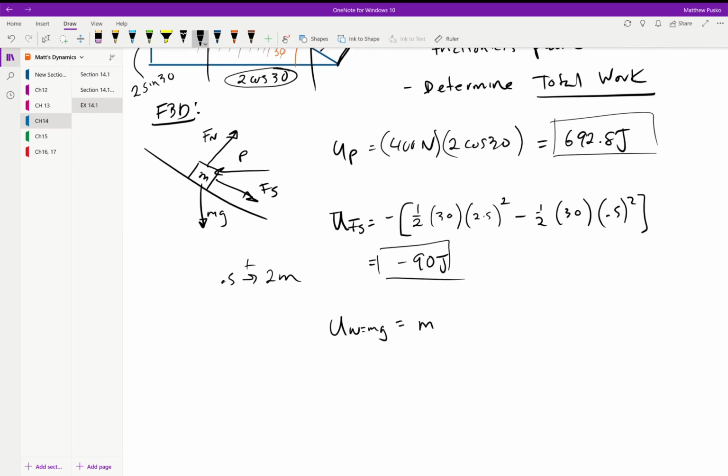So I get mass times gravity pointed down, and our displacement is 2 meters times the sine of 30 degrees, giving me a negative 98.1 joules. The weight acts in the opposite sense to its vertical displacement, so the work is negative.